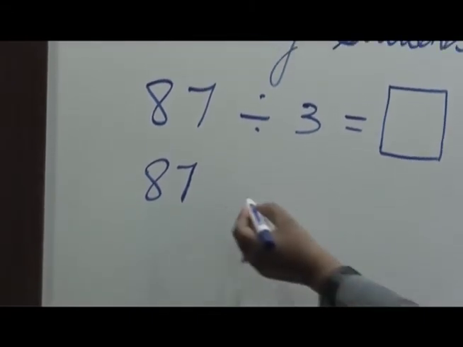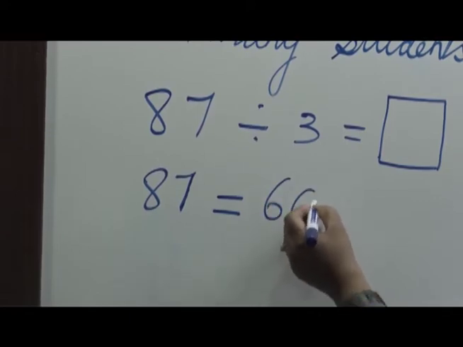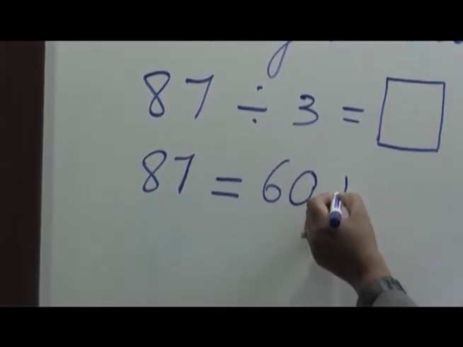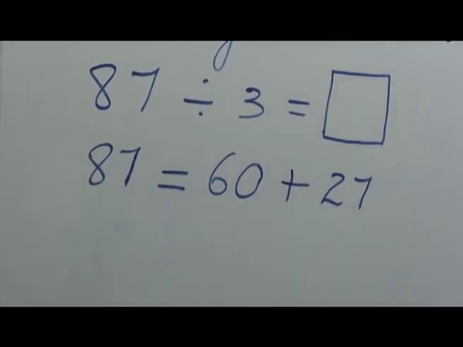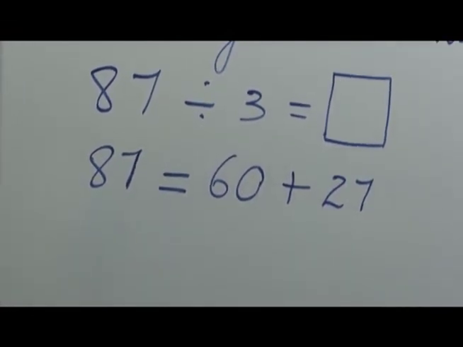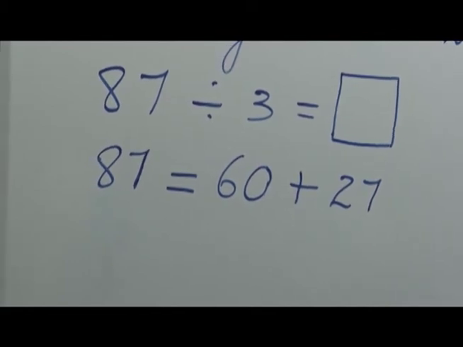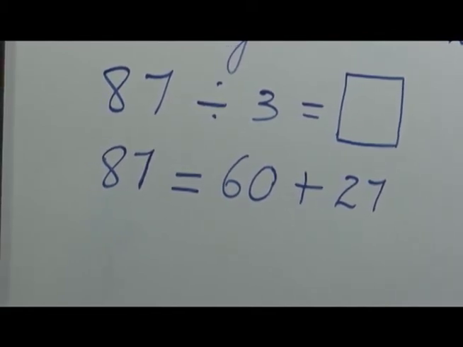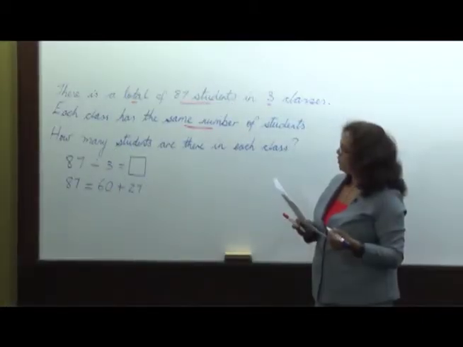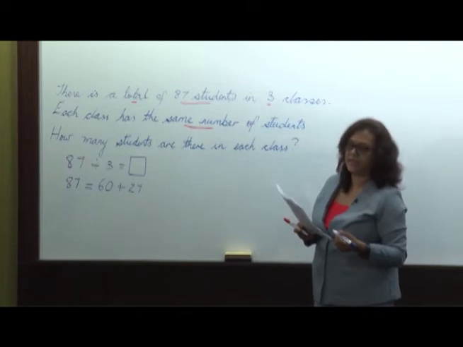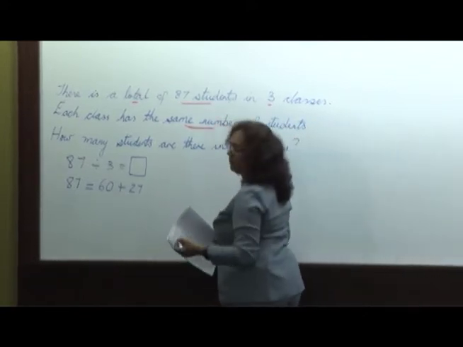I can break the numbers up however I want once both numbers are divisible by 3. So I've decided to go very simply with 60 plus 27, which will give me 87. What I'm now going to do is to use the distributive property to help me get to the answer. So I'm going to divide each of these numbers by 3.